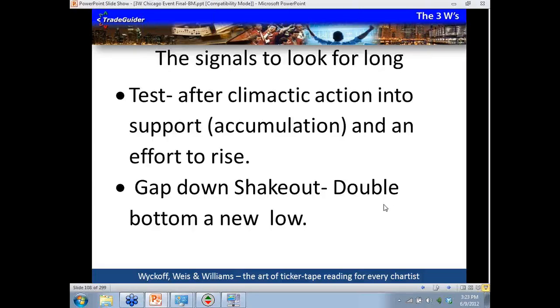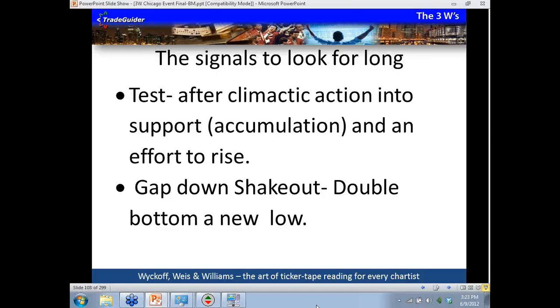Matter of fact, a little side note on the Master of the Markets book. Tom talks about, well, when this happens, that happens. He's not saying trade it like this and get in and get out exactly here. He's basically building up the principle of action and reaction.